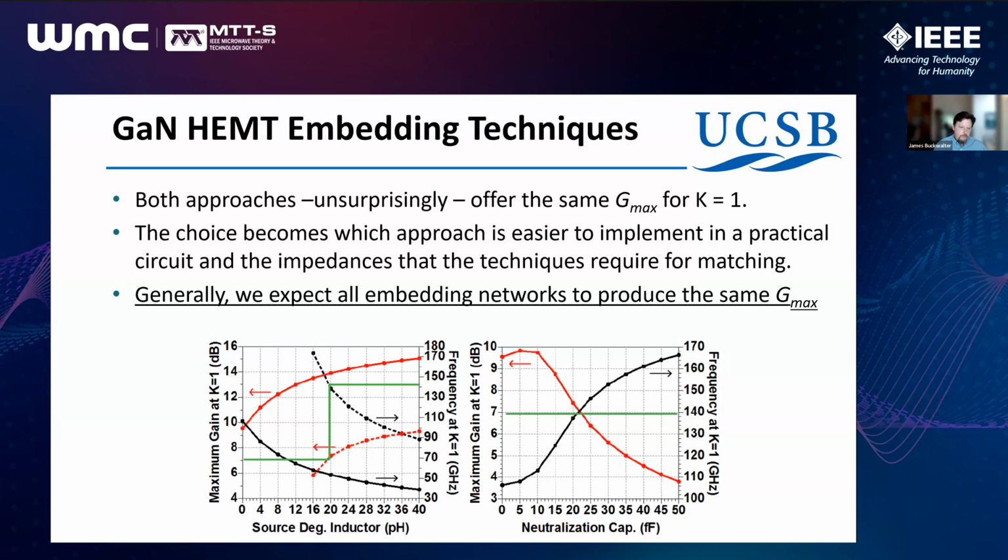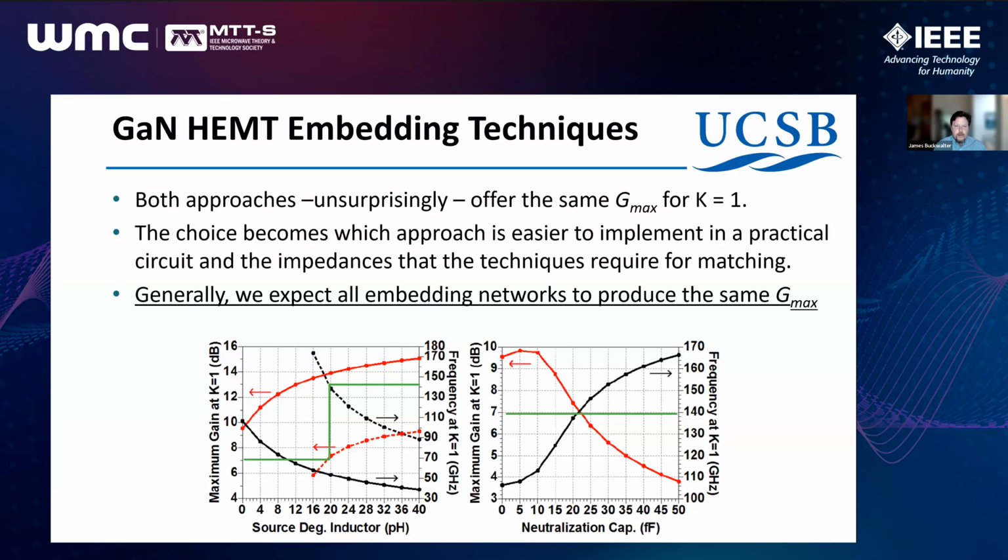Now, what that ends up doing is when we look at the K equals 1 at, for instance, 140 gigahertz, that green line drawn horizontally for the frequency 140, and we drop down to the gain that we're going to get, you can see that spike is basically going to push us back to about 7 dB. On the right-hand side, when you compare at 140 with capacitive neutralization, we end up still getting 7.